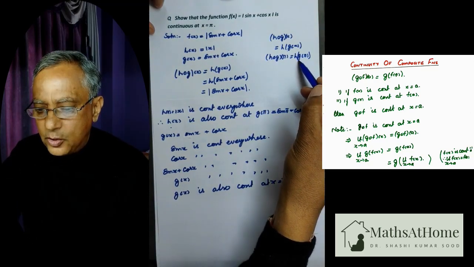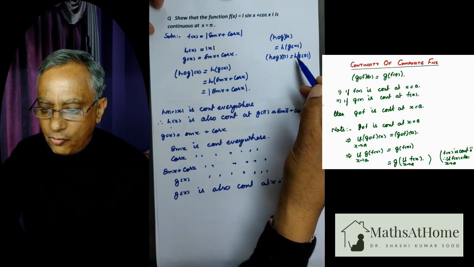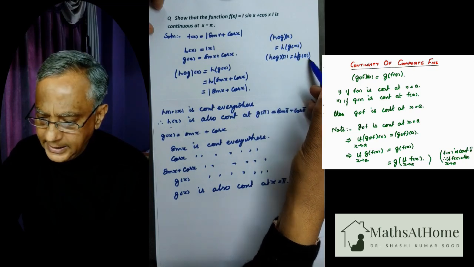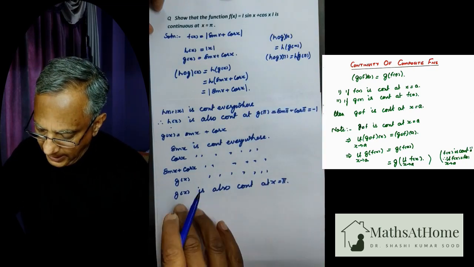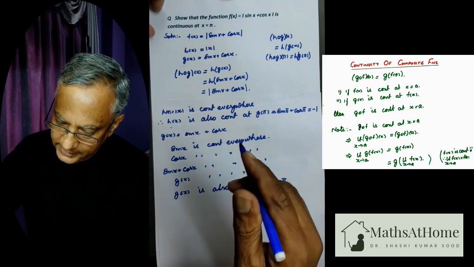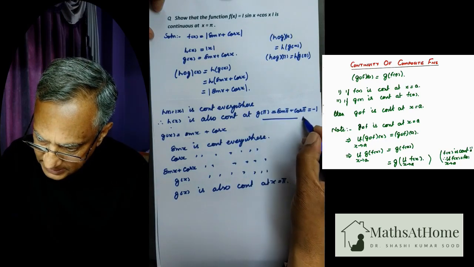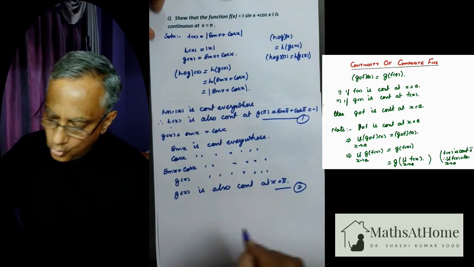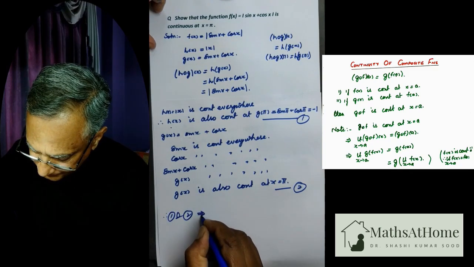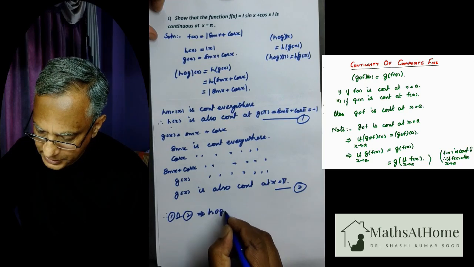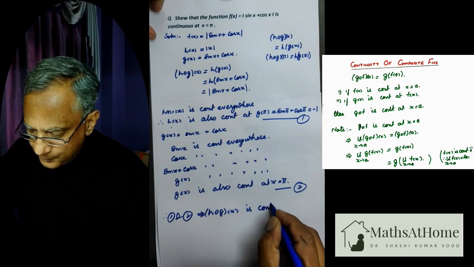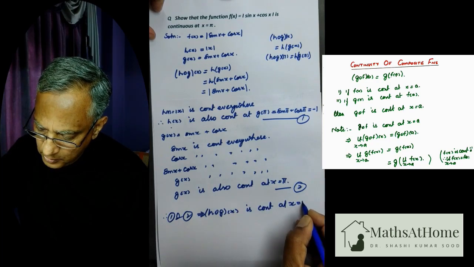We require the continuity of g at pi and continuity of h at g pi. We have already discussed the continuity of h at g pi, and gx is also continuous at x equal to pi, and therefore these two results 1 and 2 imply h of gx is continuous at x equal to pi.